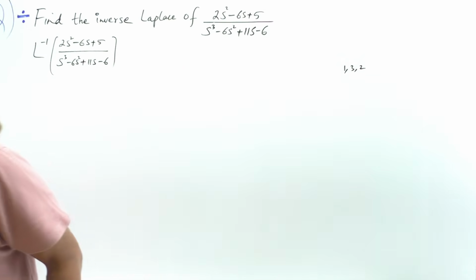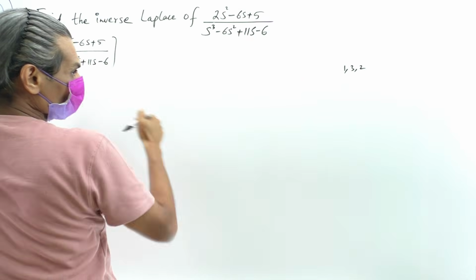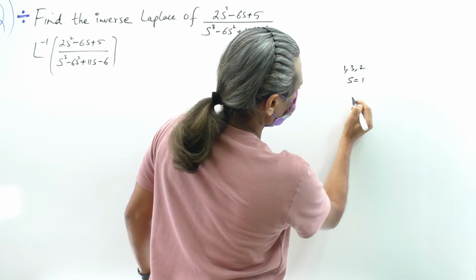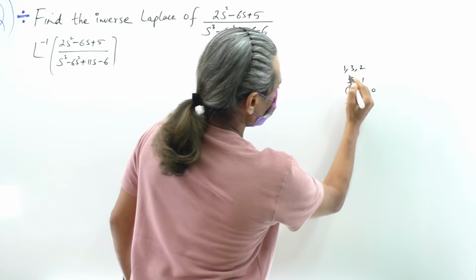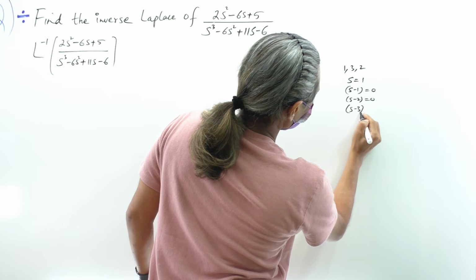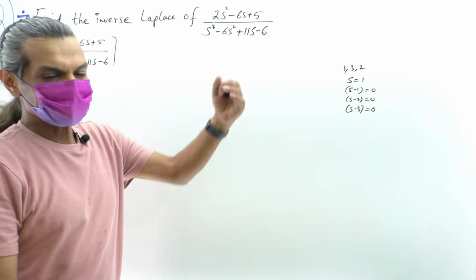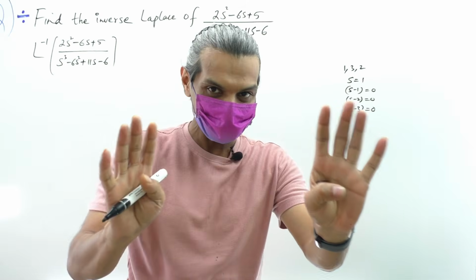Now what are the roots? Basically we are finding for s, right? So s is equal to 1 means the equation is s minus 1 is equal to 0. That's all. So s is equal to 2 means s minus 2 is equal to 0, and 3 means s minus 3 is equal to 0. If suppose the root is coming say minus 2, then s plus 2 is equal to 0. Are you getting it? Clear?